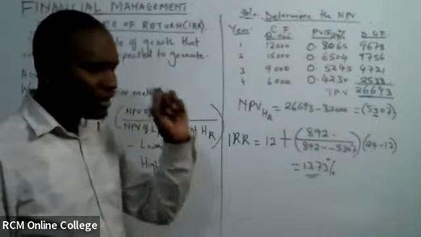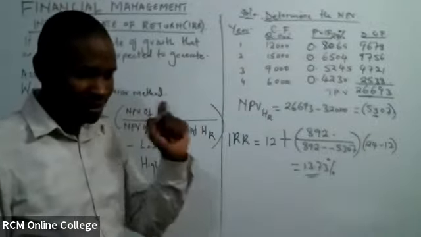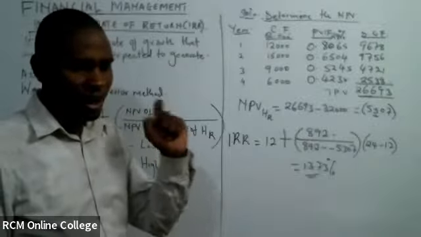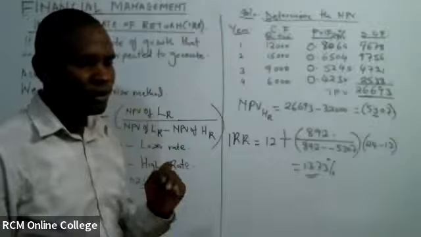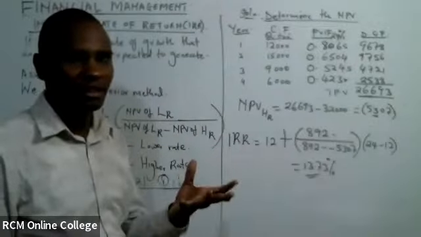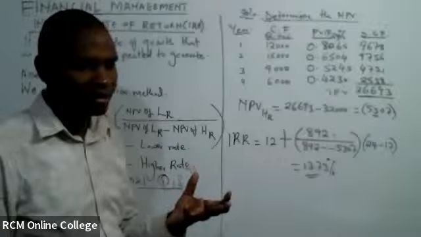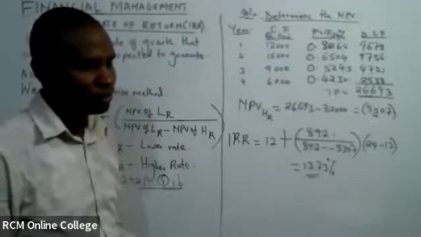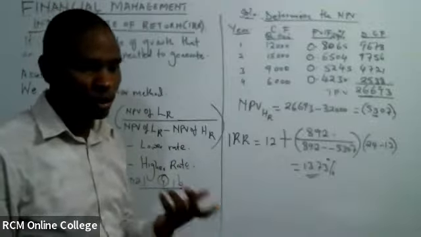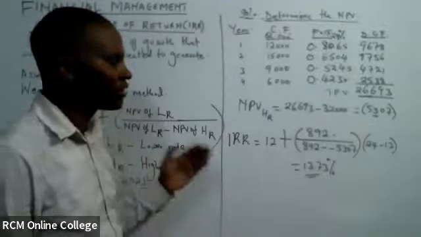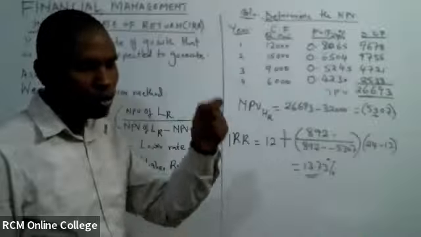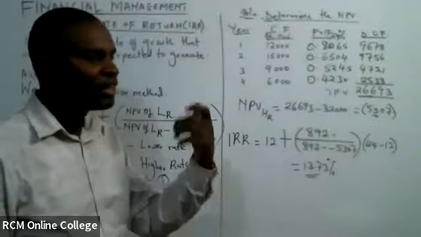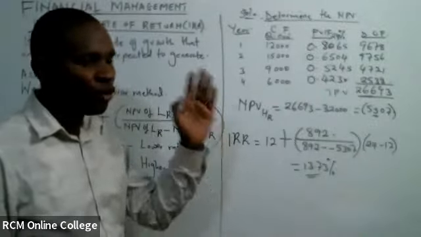You see, in the first case, we got a positive NPV, right? That positive NPV tells us that the IRR is greater than the cost of capital. And since we don't want that, it will not give us the best result. We recalculate or we increase the rate in order to get a negative NPV or zero.